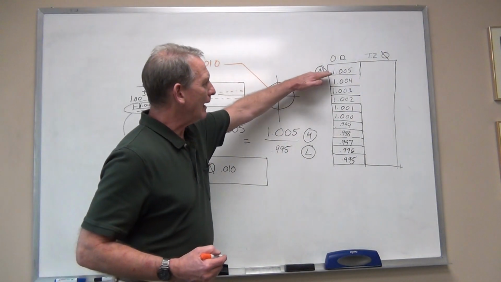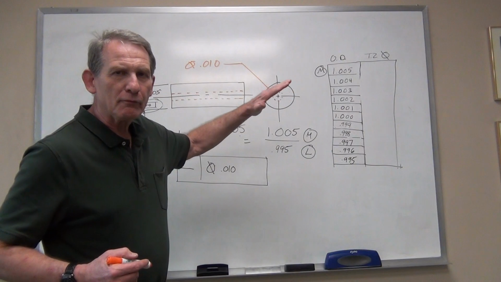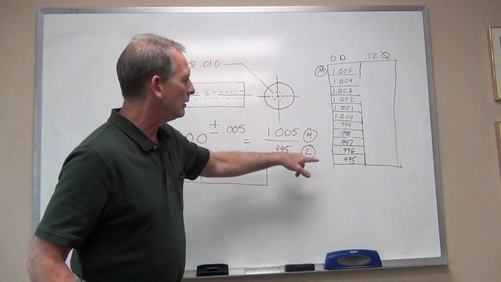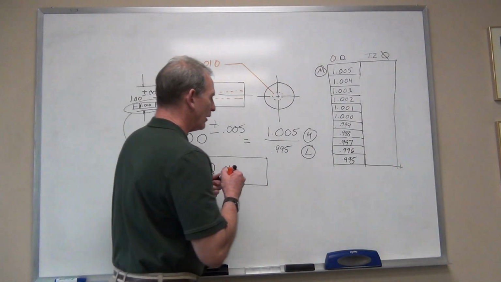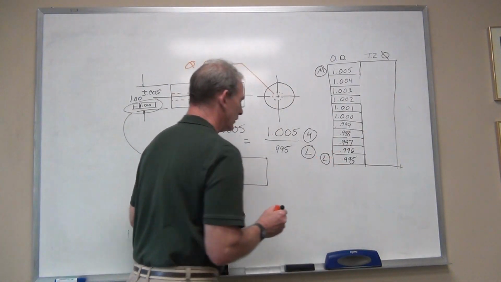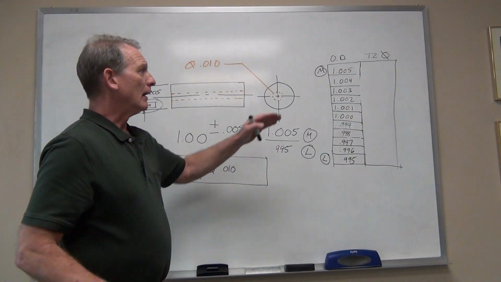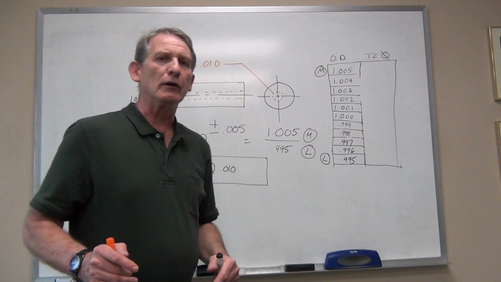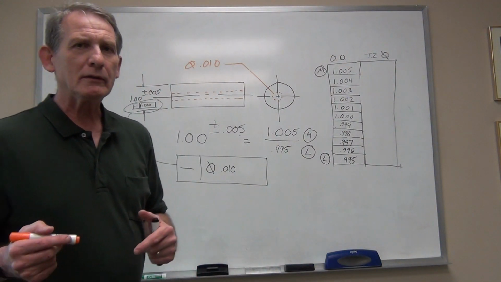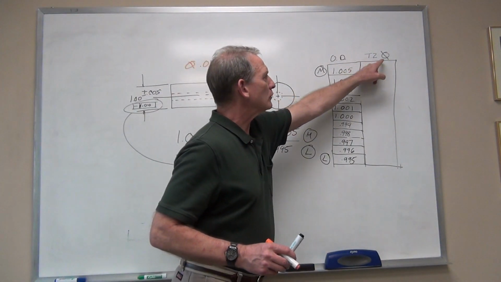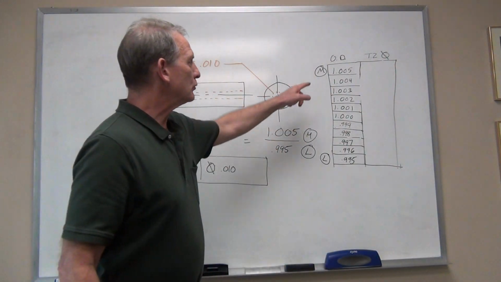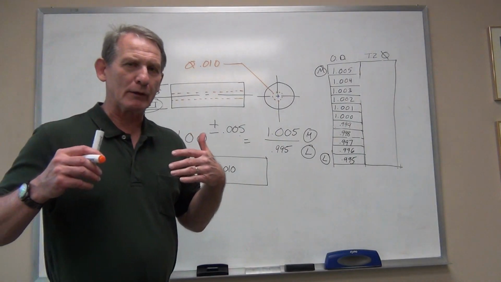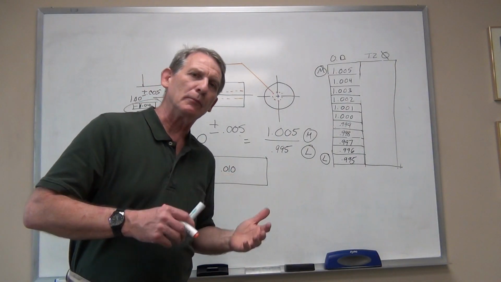So if we look at a table of the various sizes that we could have, from 1 inch 5 thousandths at maximum material condition to 995 thousandths at least material condition, stepping down thousandth by thousandth, let's see what the size of the tolerance zone diameter would be for each one of these sizes. In the case where it is regardless of feature size, there is no symbol, but that's what it means.